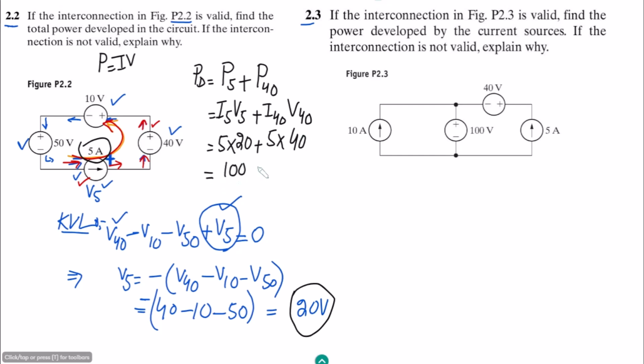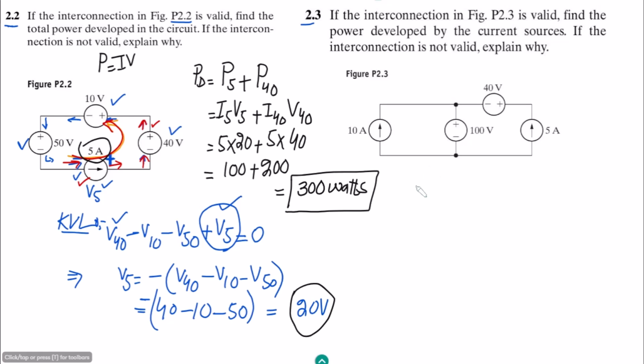This is 100 plus this is 200, so this is now 300 watts, which is the developed power through this circuit. So that is the solution of the question, because we are asked to find the developed power and we have found it by this formula. So that is the solution of question 2.2.